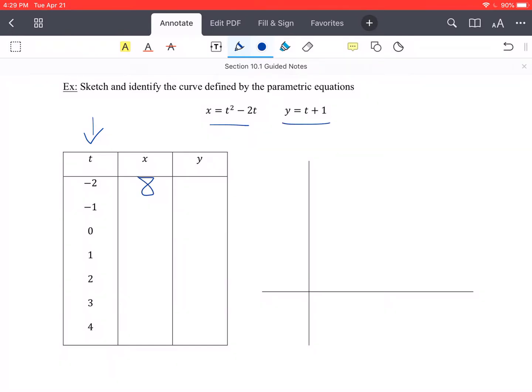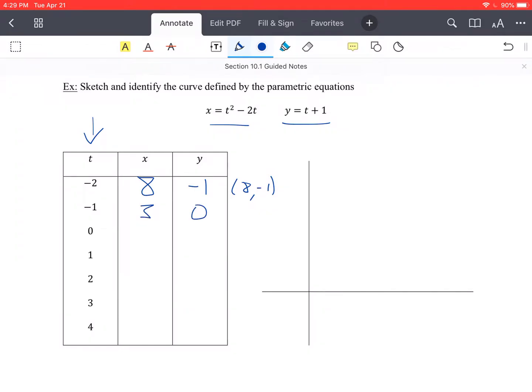Plug it into the equation for y, so negative 2 plus 1 is negative 1. So this is going to give us the coordinate 8 comma negative 1. That's the point on our curve. And you keep doing this, plugging in those t values to get x and y coordinates.